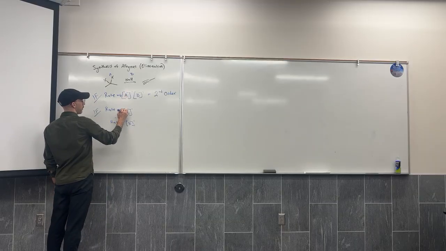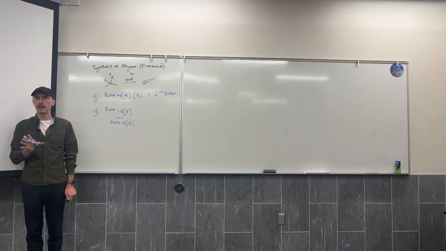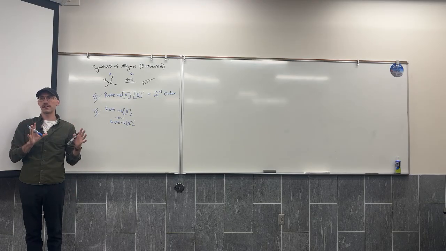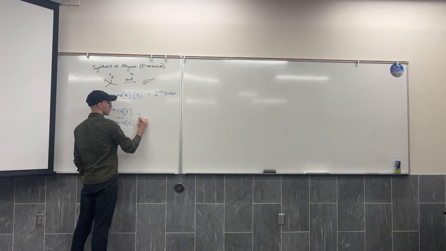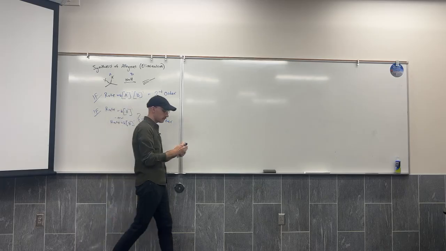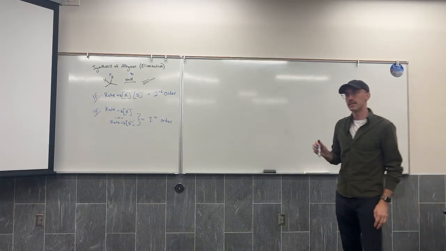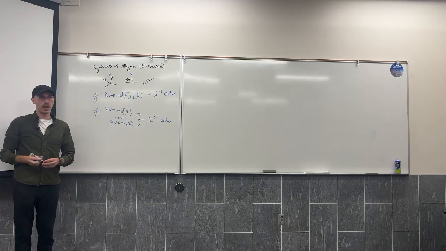We're not doing math though, so just forgive my sloppiness. We're not going to do math, I'm just giving the background for the names. If the rate is dependent only on the concentration of one of the reactants, then we say the reaction is first order.